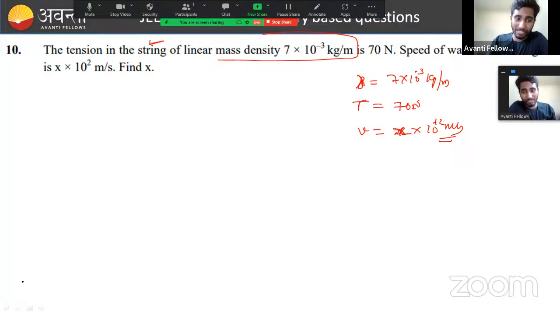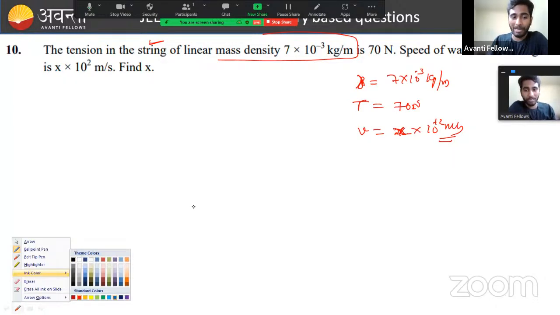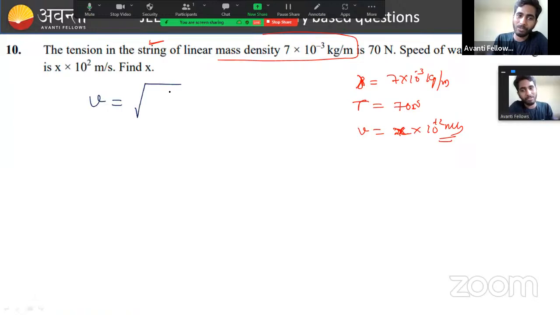Guys, in the first class we discussed the same kind of problem, you might remember. We have to find the velocity of a wave, so we will use this formula: velocity of a wave is equal to under root of tension by mu, the linear mass density. Here the value is given in terms of lambda, so write mu.